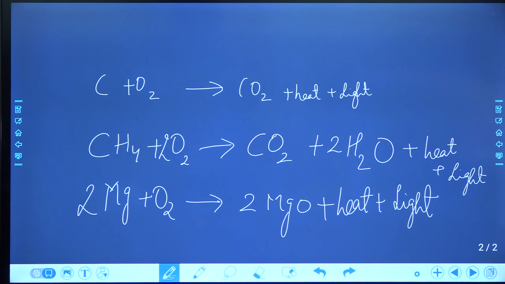We will enrich our knowledge by discussing a few other types of combustion which are not mentioned in our textbook.